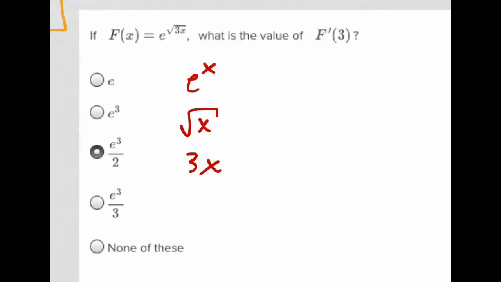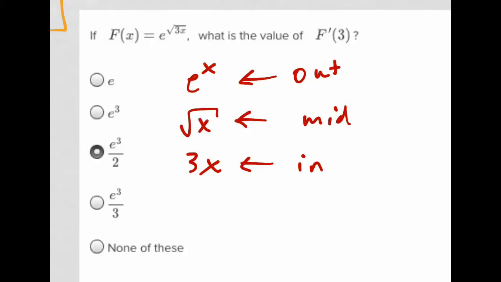And I just need to decide which one's the inside most function, the outside, and the middle. Here, e to the something, the something is on the inside of this, so this must be the outside function. And then all the way on the inside is 3x, so that means the square root must be in the middle.